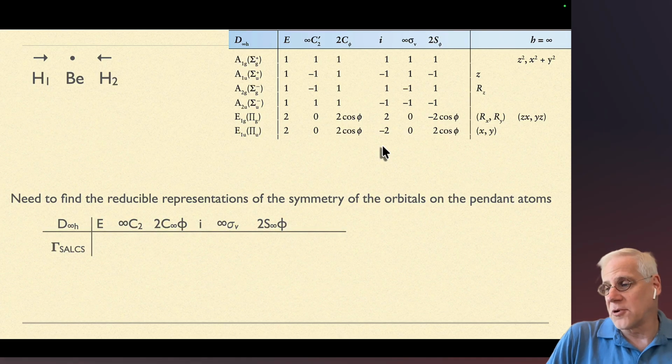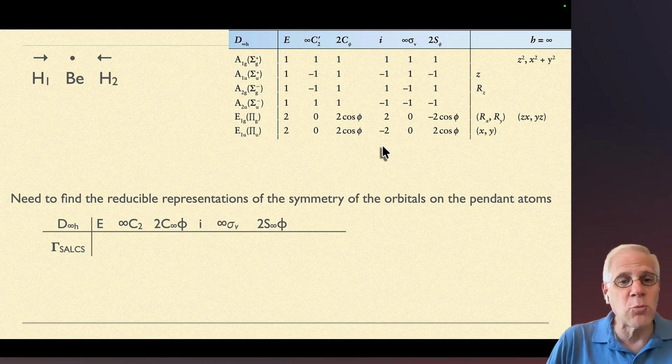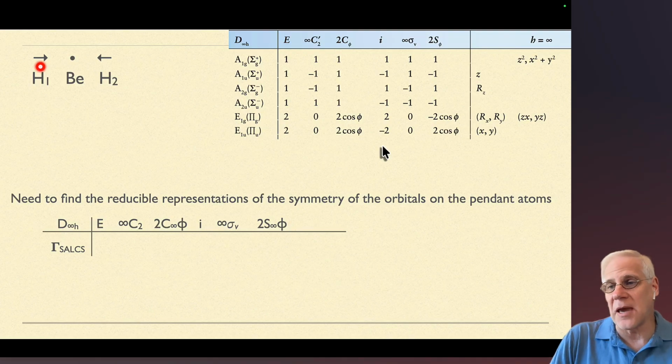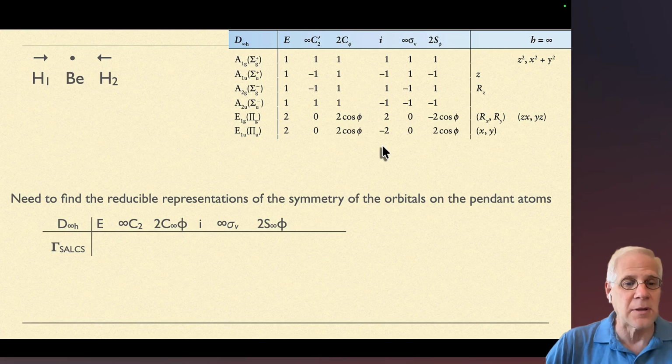Now we need to find the reducible representations of the symmetry of the orbitals on the pendant atoms. And so for D infinity h, we have quite a few more operations than we did for C2v. Again, we just take a look at what happens to the H's when we do these operations on them. So for an E, everything remains the same. So H1 is H1 and H2 is H2. So that gives me a 2.